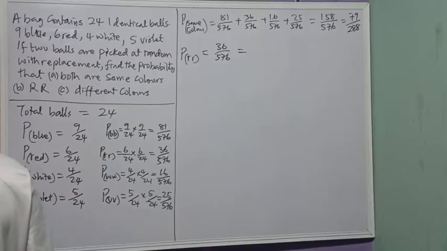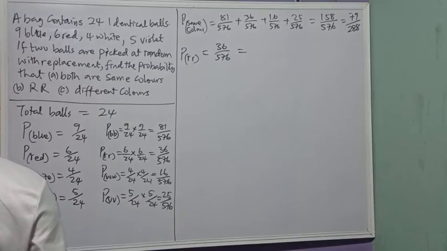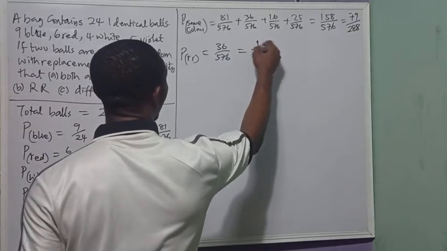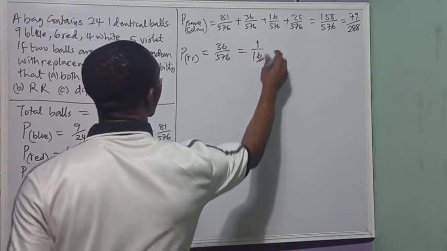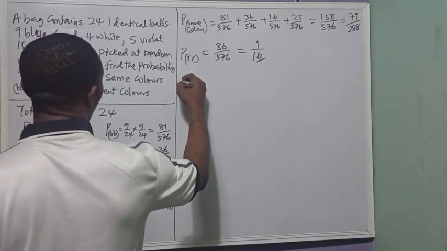Breaking it down to its lowest term, 576 divided by 36 gives us 16. So this will be 1/16.